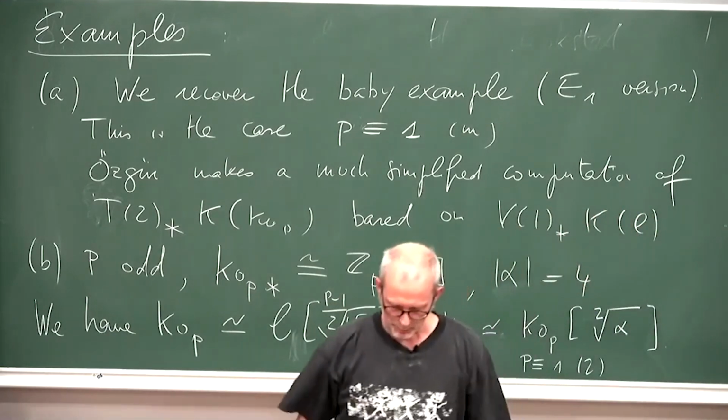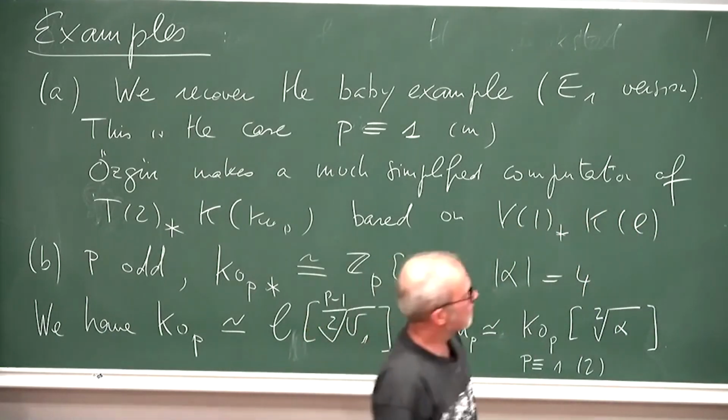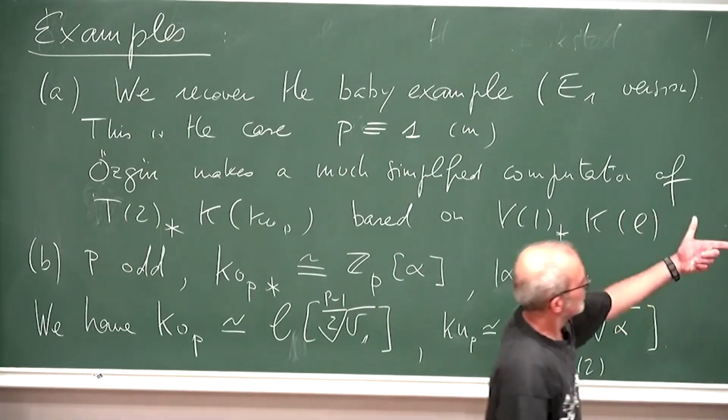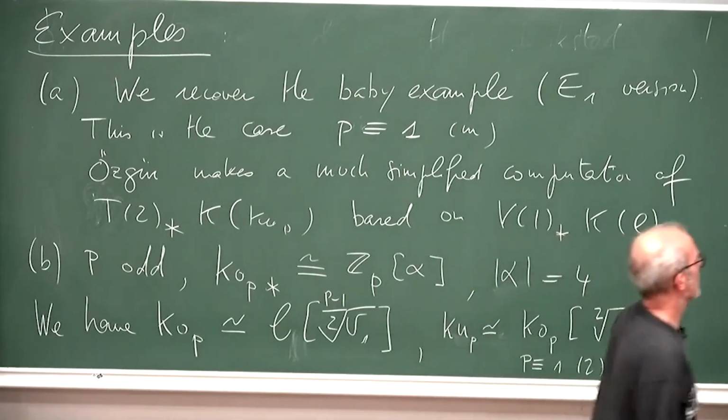Some other examples. We can also start with BPn and adjoin a Pn minus 1 root of Vn in here.